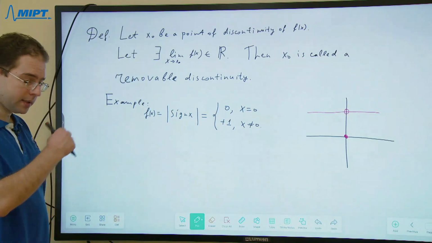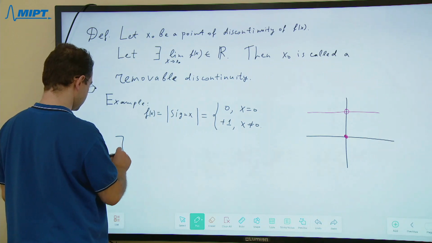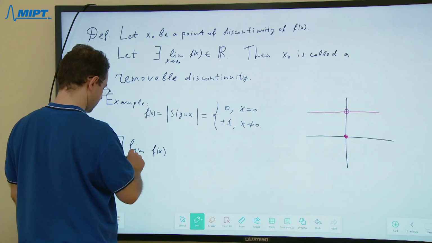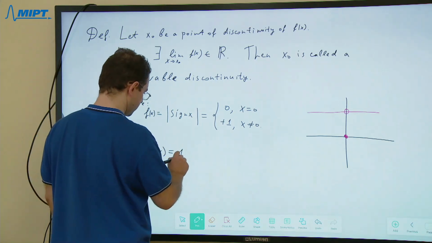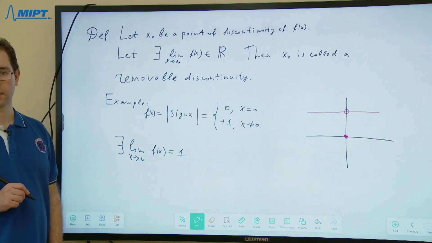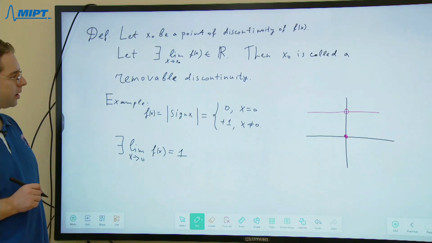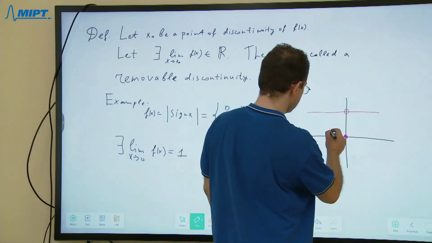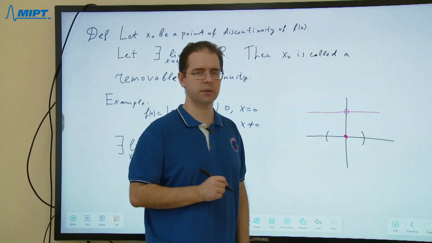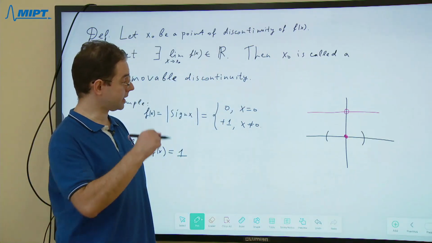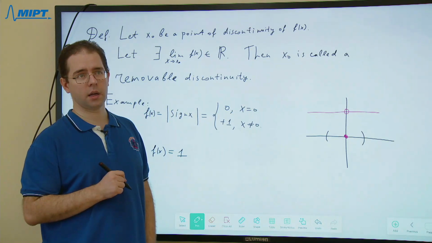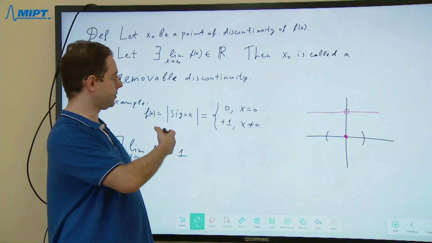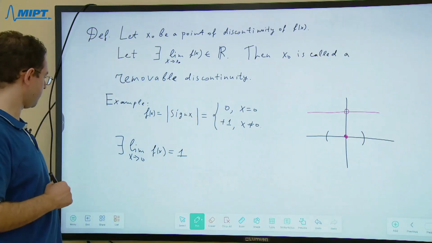Okay, but now we can see that there exists a limit of my function as x tends to 0, and this limit is of course just +1. I think you can do it easily enough yourself just by observing that in a deleted delta neighborhood of 0, any point but 0 itself, the value of my function equals 1. So just by definition of the limit, this limit equals 1.